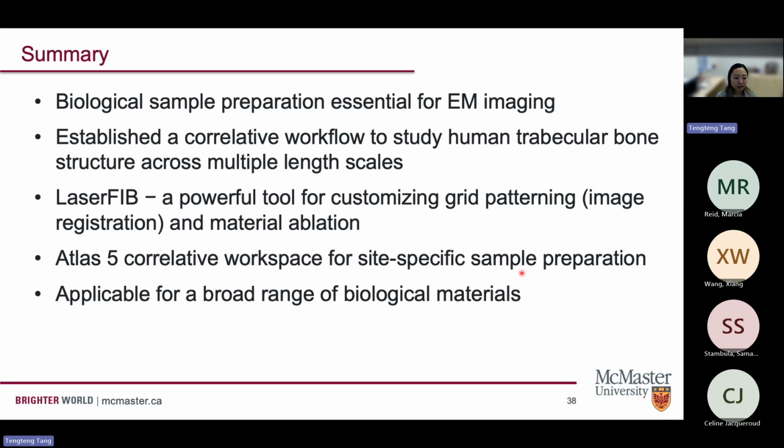And it can also facilitate site-specific sample preparation utilizing the ATLAS 5 correlative workspace. And finally, we hope that this kind of correlative approach can be utilized for an even broader range of biological materials and even for more complex biological systems for more clinically relevant topics.